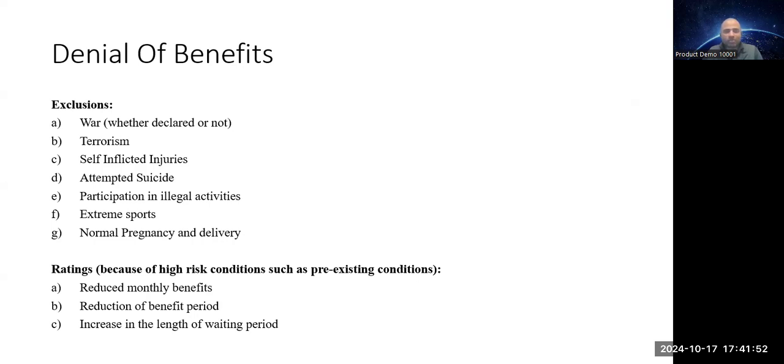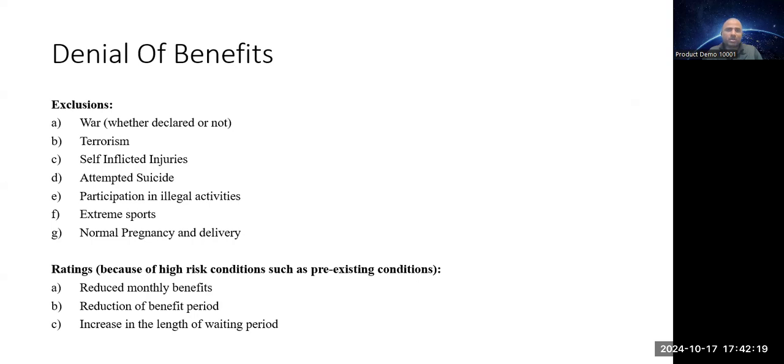Now, apart from that, you also have policy ratings. If it's not an exclusion, however, if it bumps up the risk for the insurance company when it comes to underwriting, when it comes to you making claims, they might just reduce your monthly benefits. So they might reduce your coverage or they might reduce your benefit period.